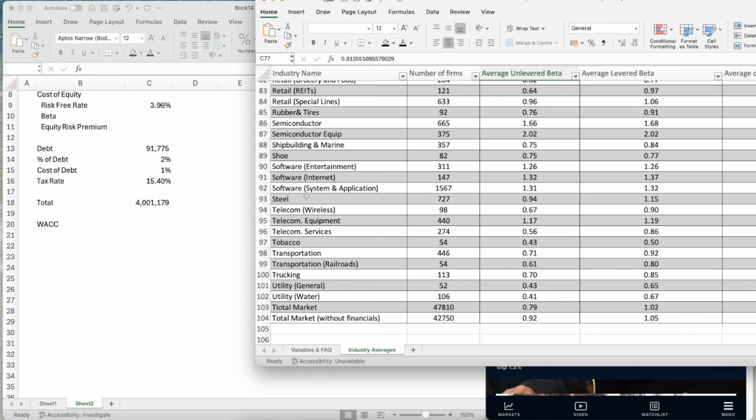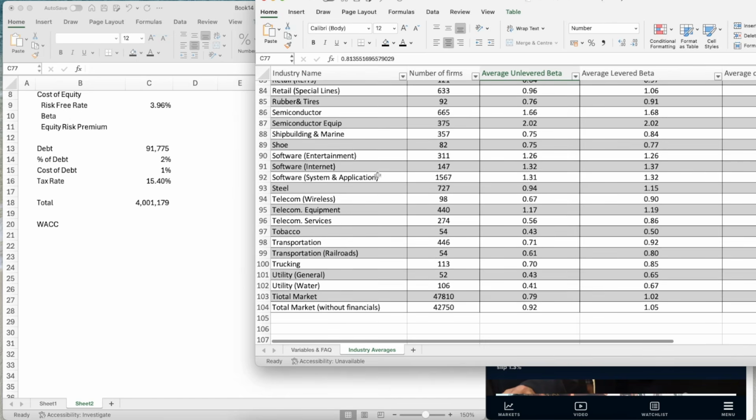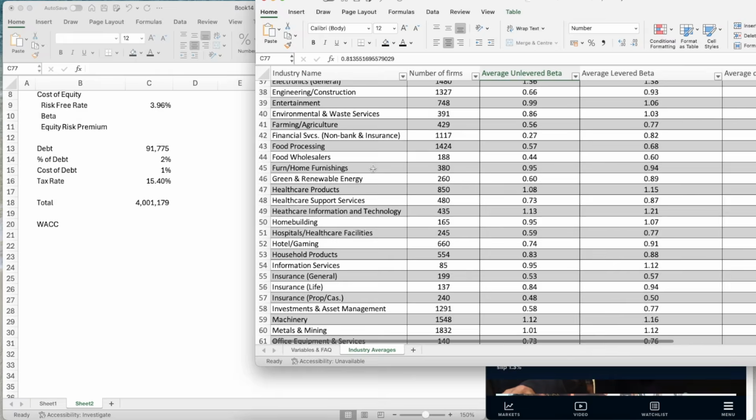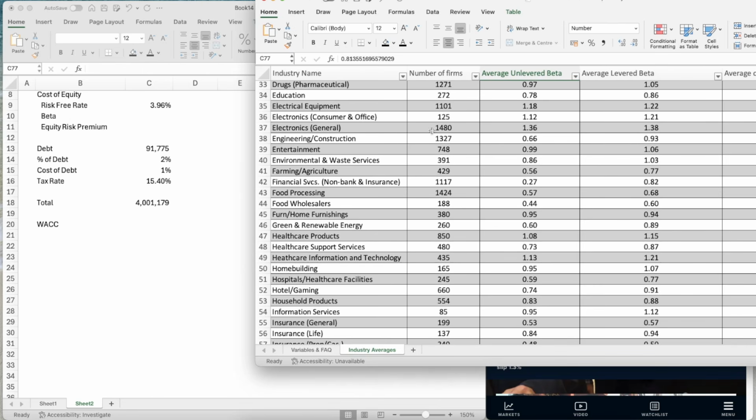So what we do is compare it with other companies where it generates its revenues from. So we'll go software, system, and application for the services, and electronics, general is fine.